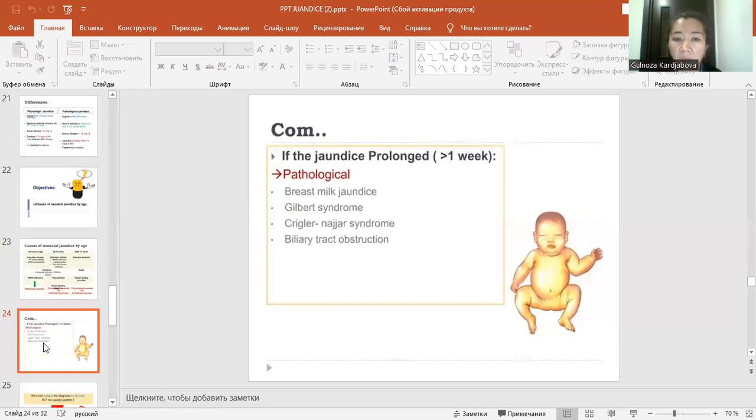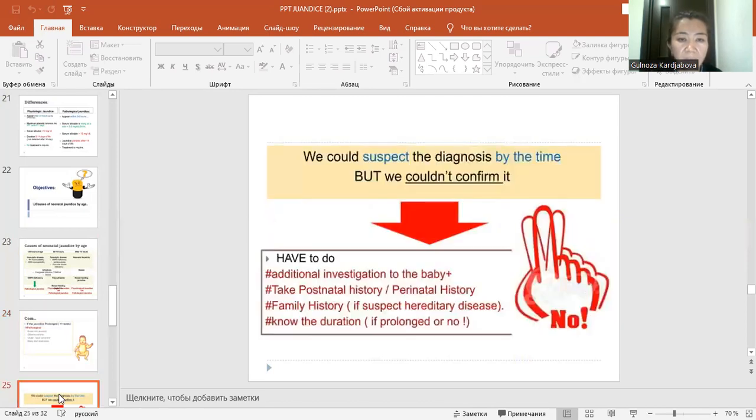So, if jaundice is prolonged more than 1 week, we should think about pathological jaundice, breast milk jaundice or Gilbert, Crigler-Najjar, or biliary tract obstructive conditions. We could suspect the diagnosis by the time, but we couldn't confirm it.